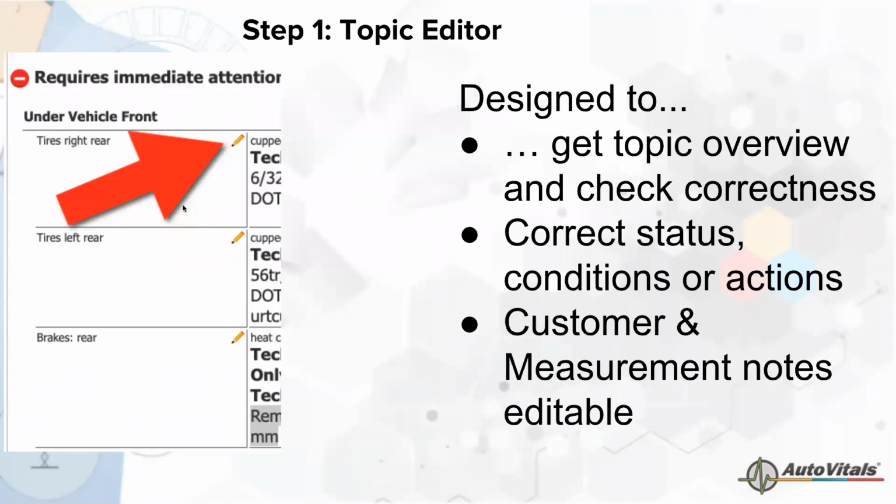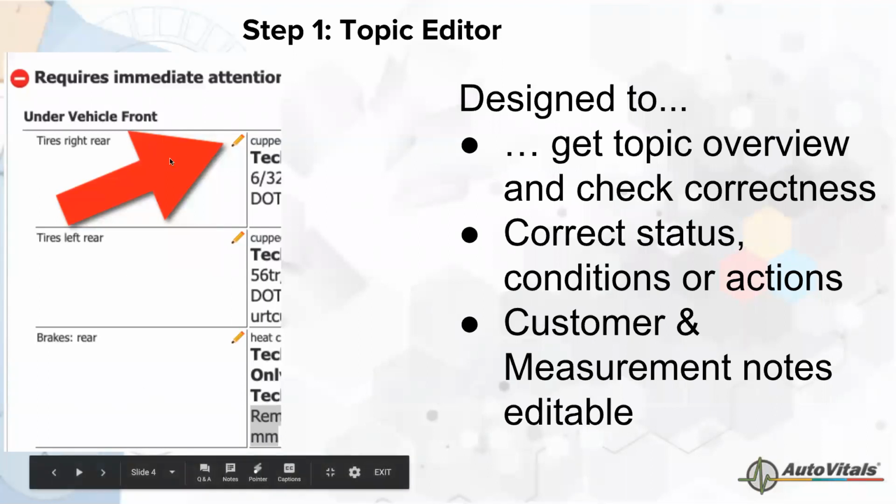But it is still the best way to get a topic overview and check the correctness. Right? If a tech forgot to put in a status, or you see some obvious error, the best way to check that is in this view.